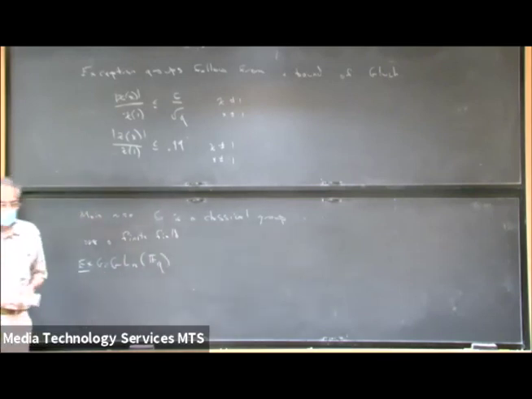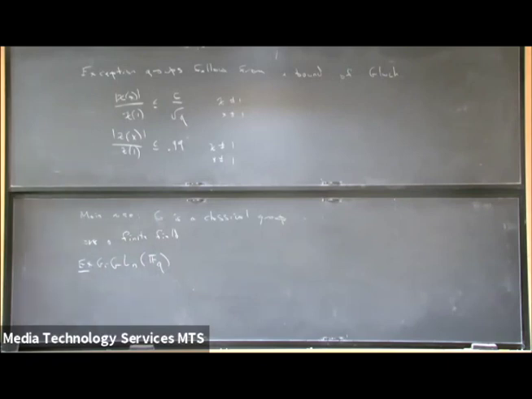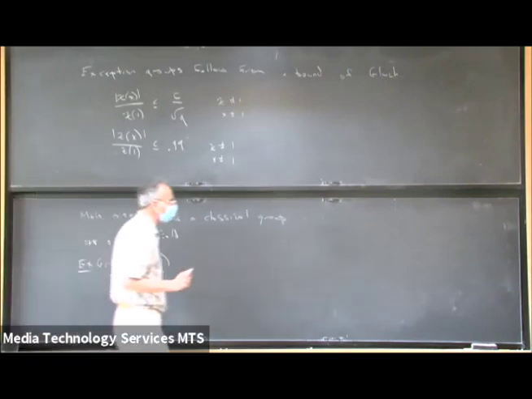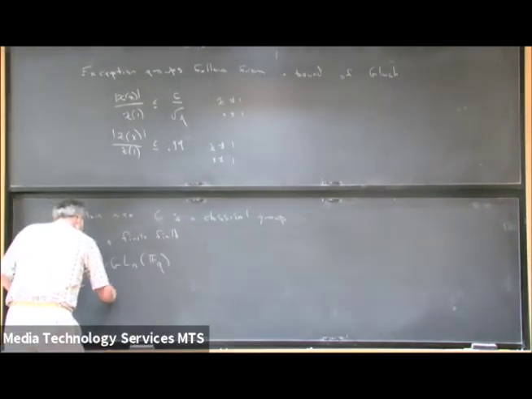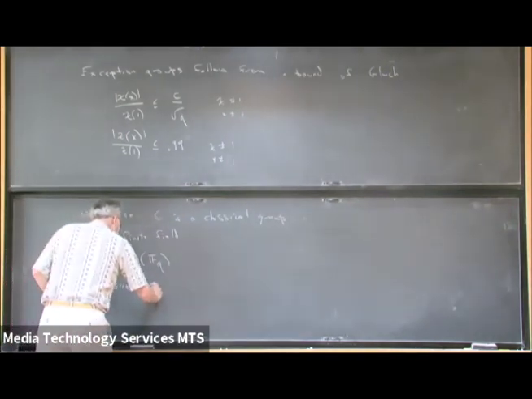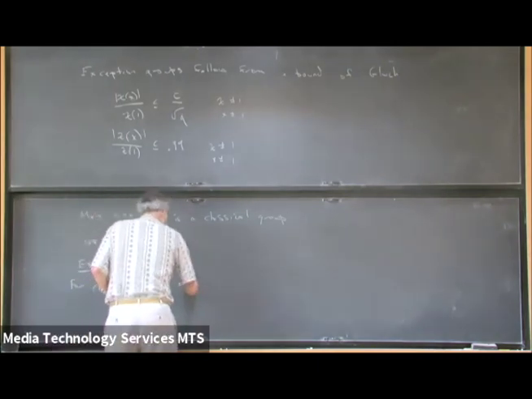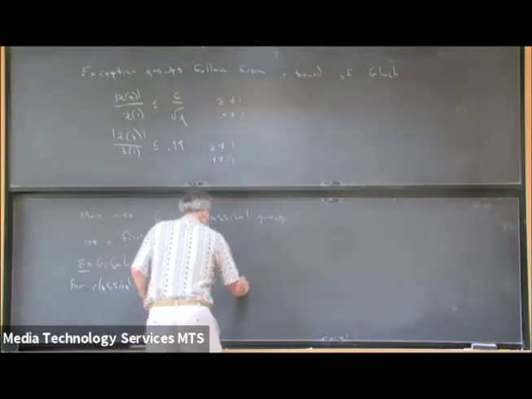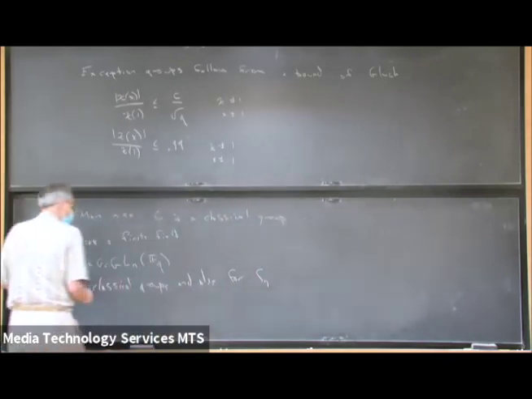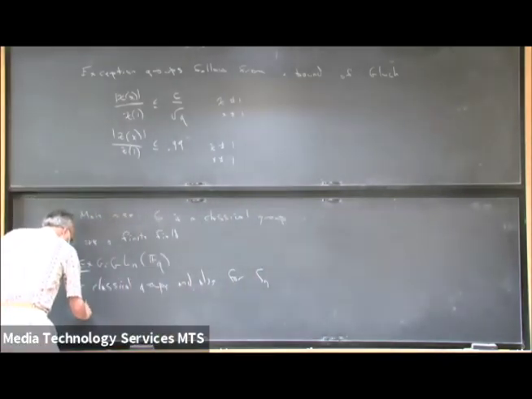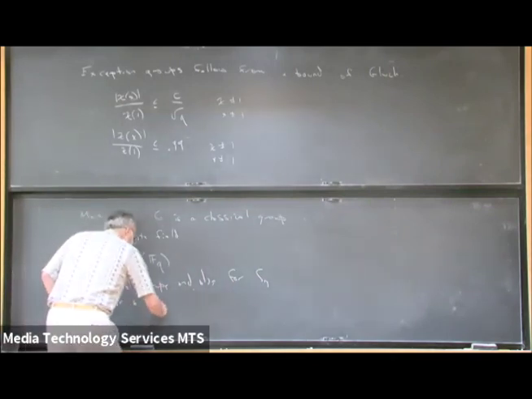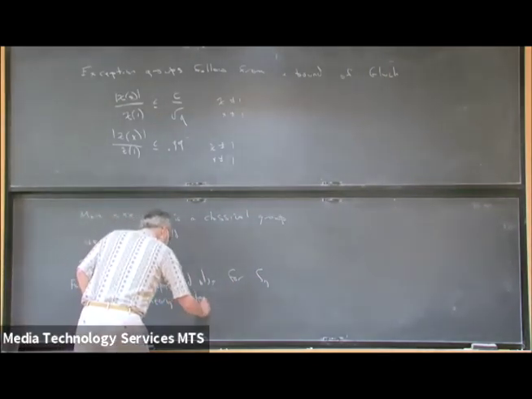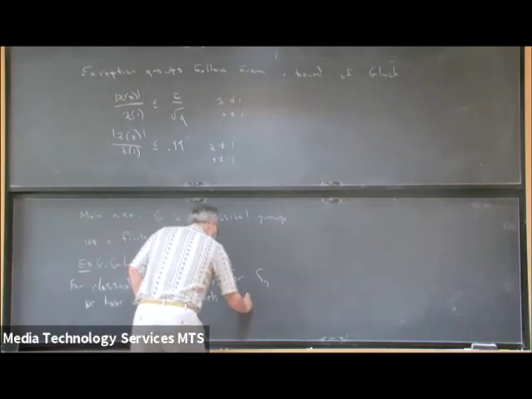Okay, but maybe at this point I should say something about, yeah, okay. So I think the next thing which I should talk about is that for classical groups, and also for S_n, in this case S_n is a good example to think about, we have a theory of levels of irreducible characters.